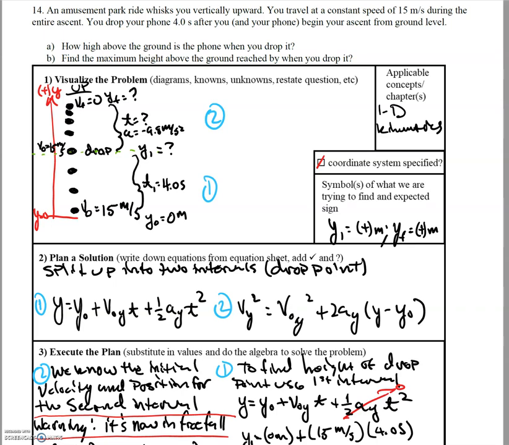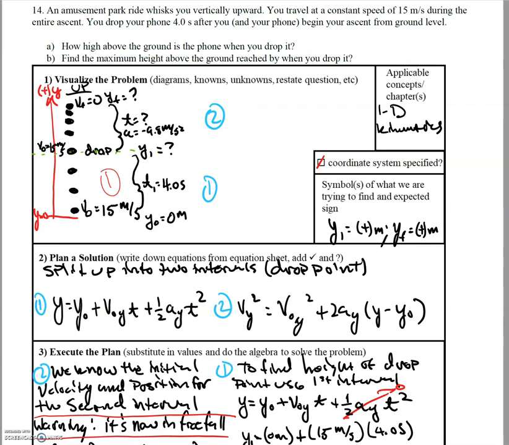So to find how high above the ground is the phone when you drop it, well, that's just this stage right here. This is part one, where you and the phone are moving up at a constant velocity, and then you're just finding out what the distance is, given an initial velocity, a time, and you know the acceleration in the y direction.